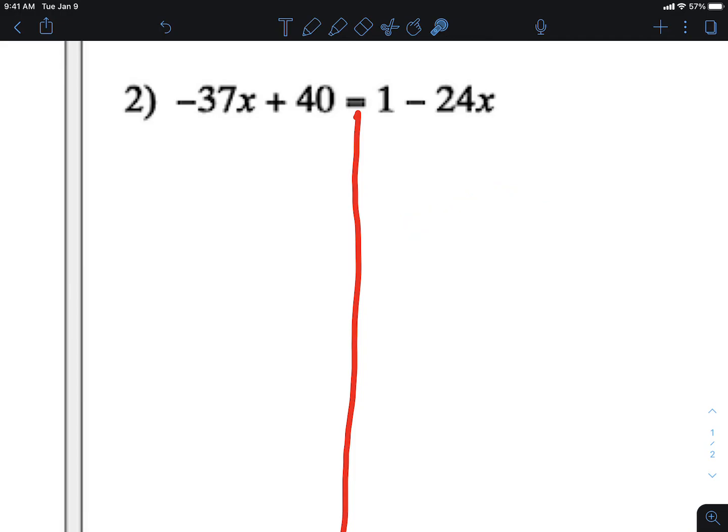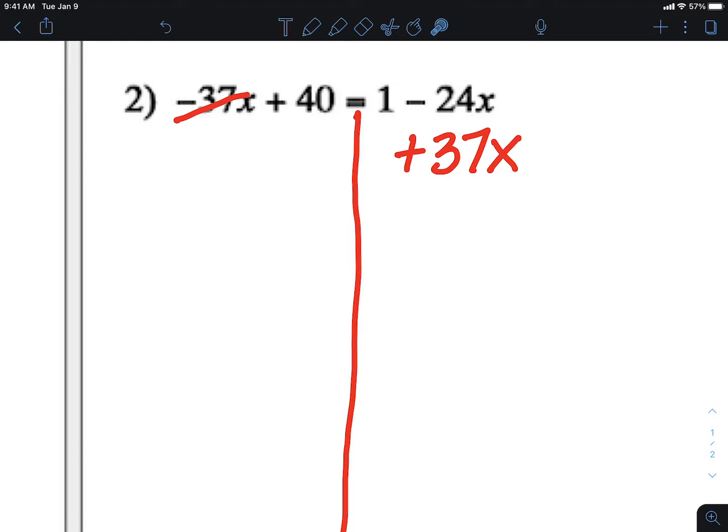So what I'm going to do is I'm going to bring this over here to this side. This minus 37x is going to come over to the minus 24x. So when I cross out minus 37x, the inverse of minus 37x is plus 37x. Right?